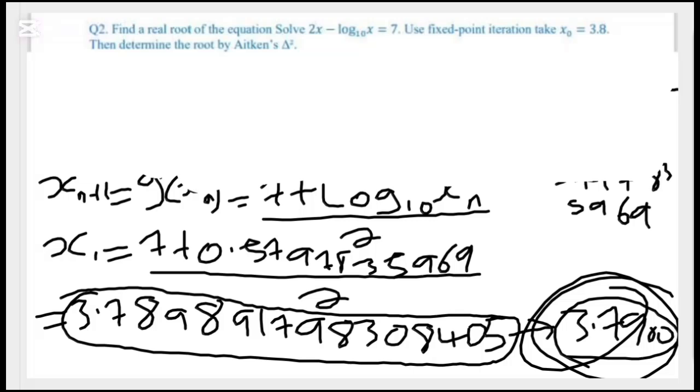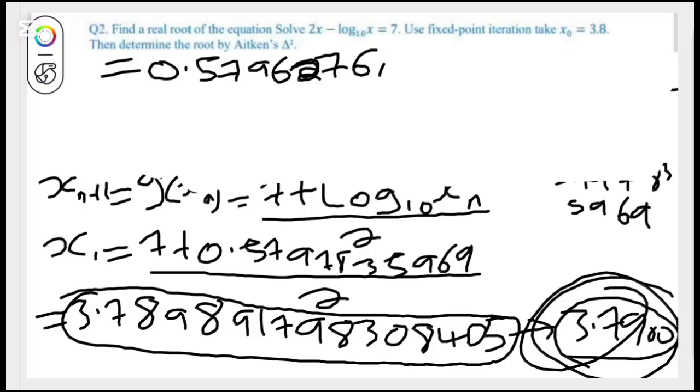So if I multiply it, it will now be equal to 0.5 7962761 276100543 67.